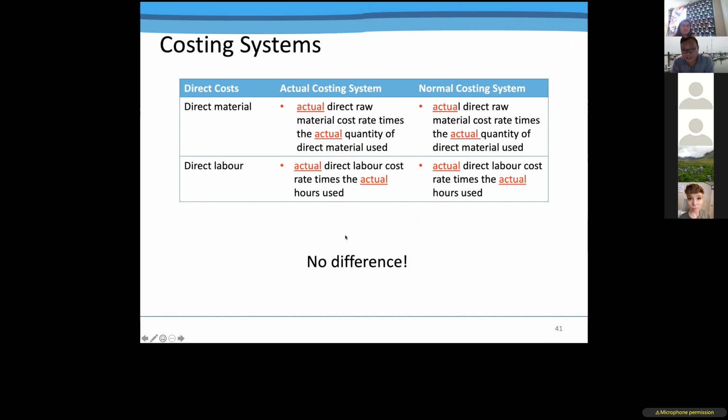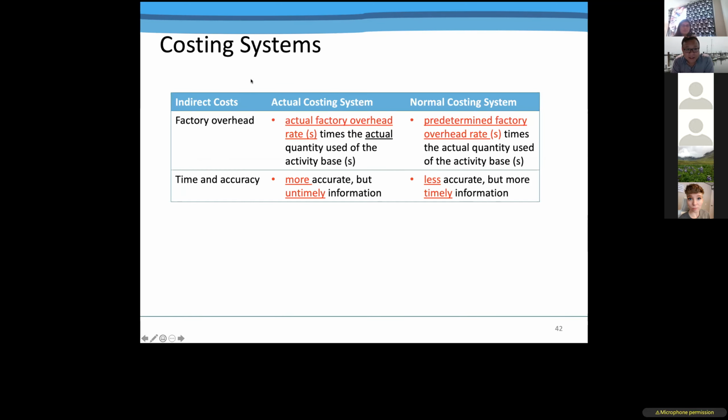But for factory overhead, the actual costing system uses the actual factory overhead rate times the actual quantity used of the activity base. Remember, I asked you: why don't we wait until the end, when we know the actual numbers?